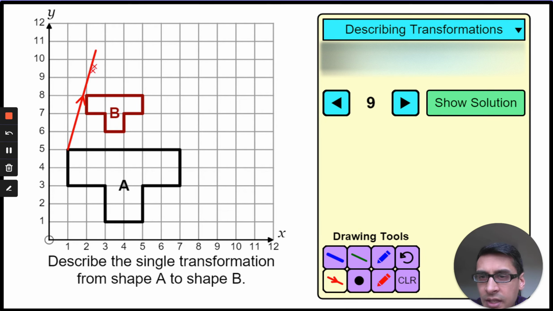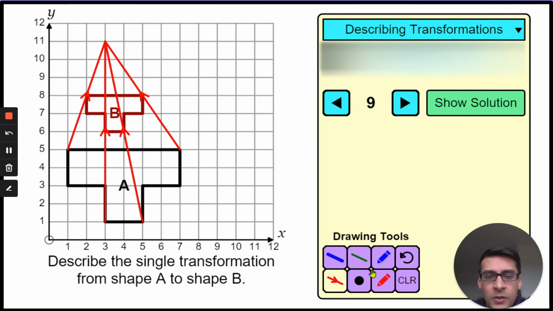So I can see it's going to look like it crosses here. And it looks like we found our center of enlargement, which is 3, 1, 1.